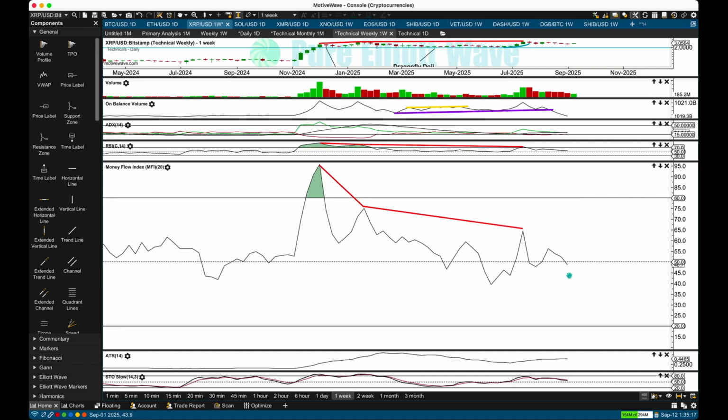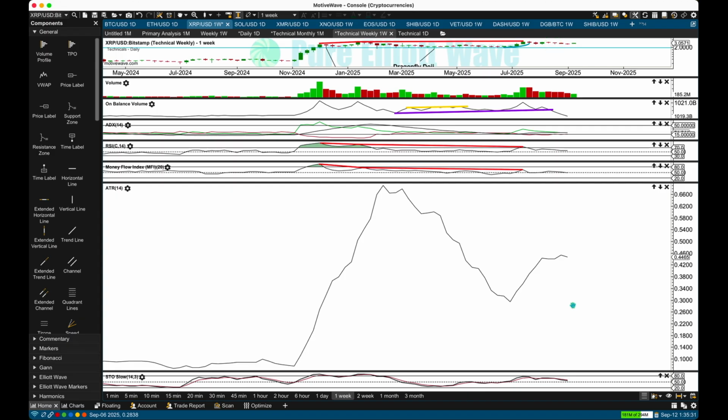Likewise between price and money flow. I add money flow to my technicals because sometimes RSI doesn't show divergence when money flow will. And ATR, a measure of volatility, was starting to increase again as price made its last all-time high, now starting to flatten off as price consolidates.